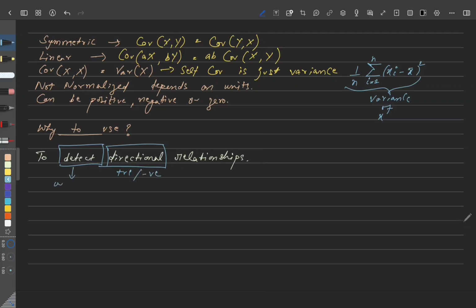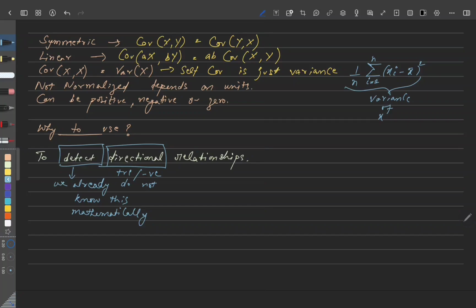Detect means we do not already know this mathematically. We probably have an intuition, but we want to prove it mathematically, so that's the reason we use the word detect. Directional is positive or negative, as we already discussed.